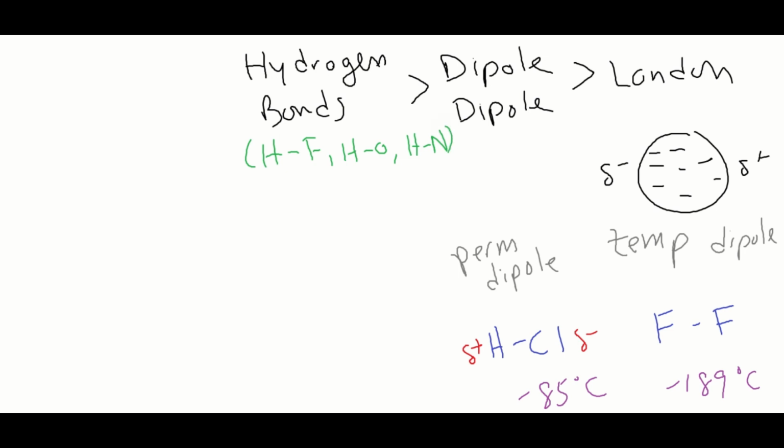And the reason these are especially strong dipole-dipole interactions is because of the significant electronegativity difference between the hydrogen and either oxygen, fluorine, or nitrogen. And the other factor is hydrogen is such a small atom. It just has one proton and one electron. So if that one electron is hanging out somewhere else, the proton is making that side extra positive.